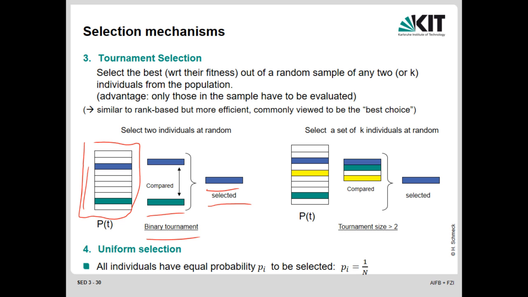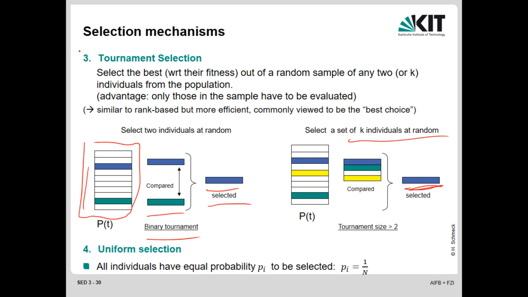If you want to run roulette wheel selection or rank-based selection, you have to evaluate all the elements in the population, and then you can select. Here you only have to evaluate the sample that you are taking, and then you can evaluate those 2 and grab the better one. You could also do that, as I said, with K individuals, and then select using some selection mechanism out of this small sample of K elements.